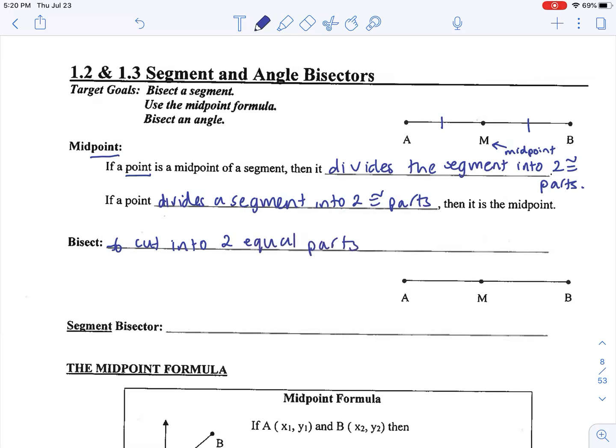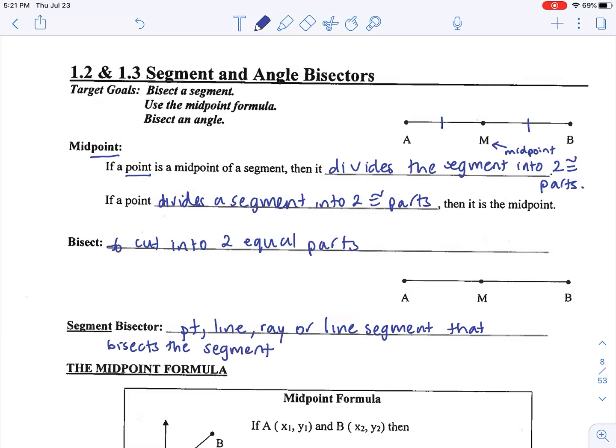And so a segment bisector is something, a point, line, ray, or line segment, as opposed to just a line that extends infinitely in both directions. A line segment, again, is a piece of the line. So it can be any one of those four things that bisects the segment.